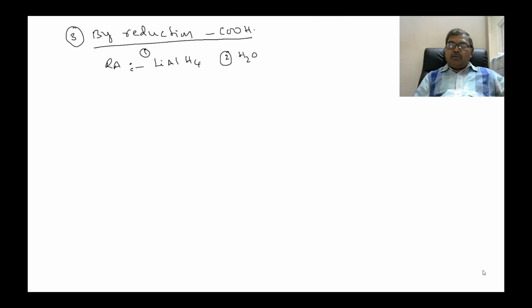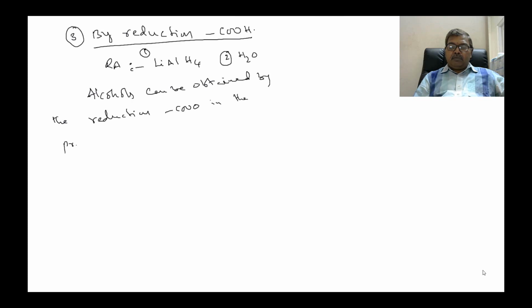So now you can say alcohols can be obtained by the reduction of carboxylic acid in the presence of lithium aluminum hydride followed by hydrolysis.